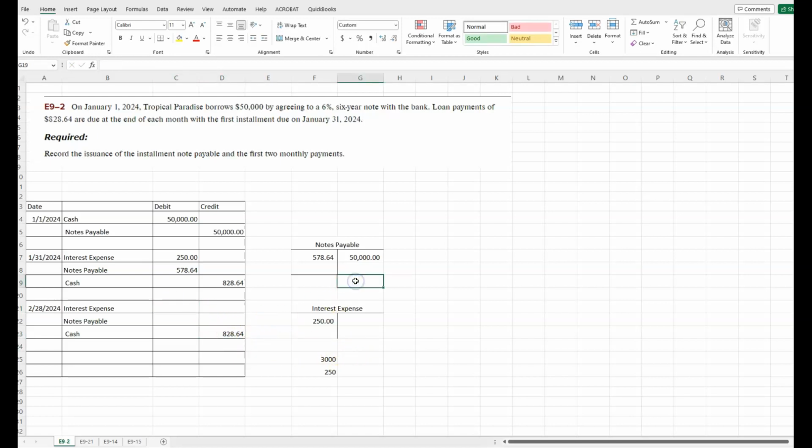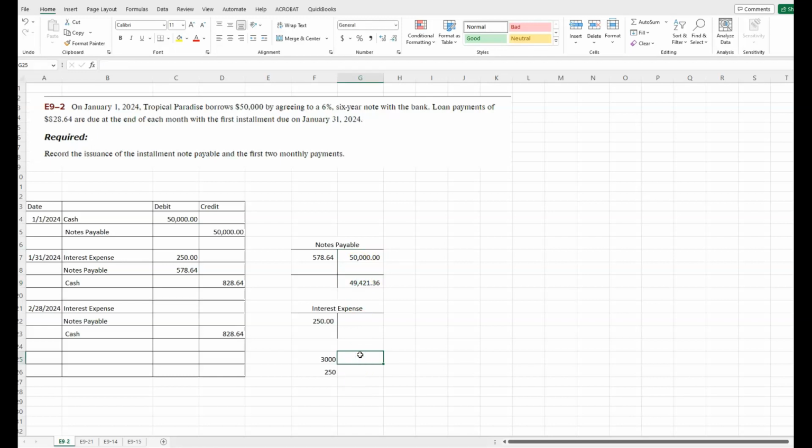Well, first we have to calculate the new balance. $50,000 minus the $578.64 gives us a new balance of $49,421.36. Now you can only be charged interest on the outstanding principal, so they can't charge you interest on the $50,000 because you don't owe $50,000 anymore.